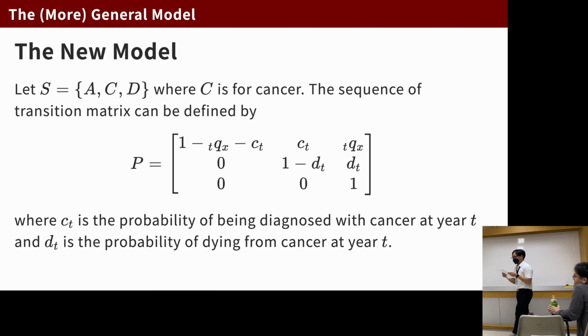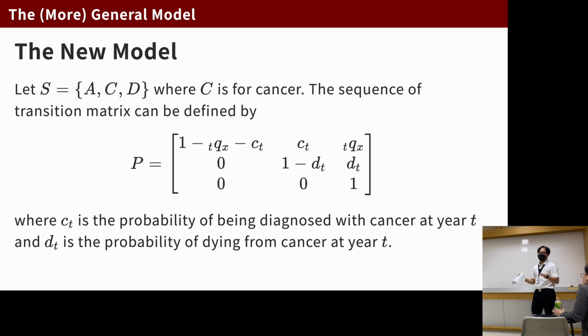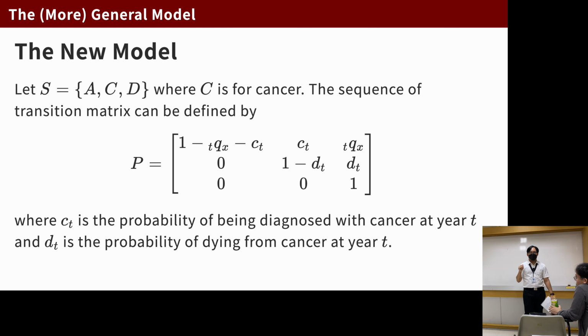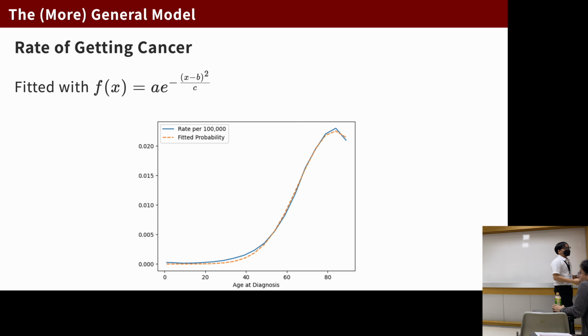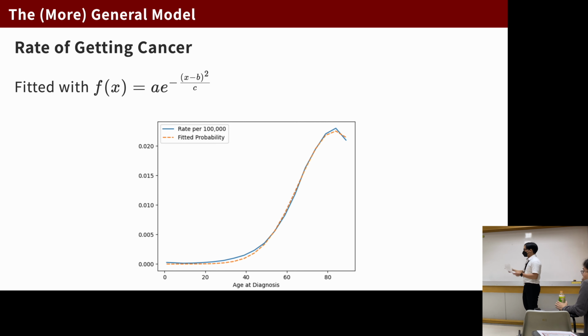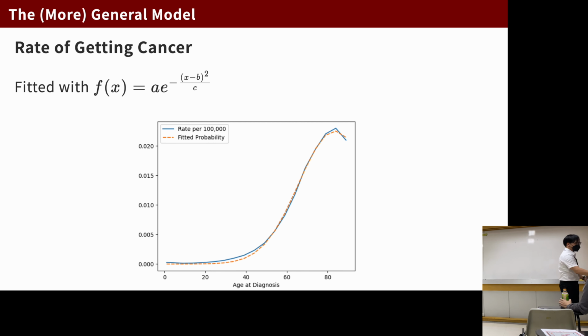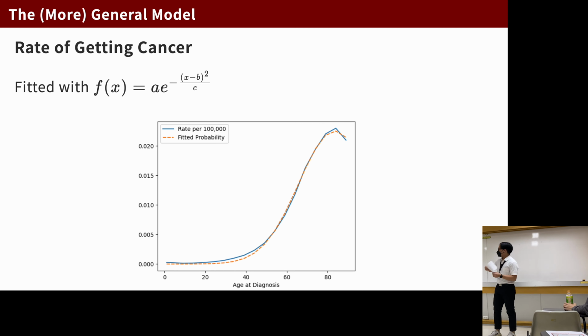Also, I would like to note that there's no fancy survival analysis used for this one because I'm too lazy to find it. So we're just going to use simple regression. First, we have to find the rate of getting cancer. It's fitted with this function.